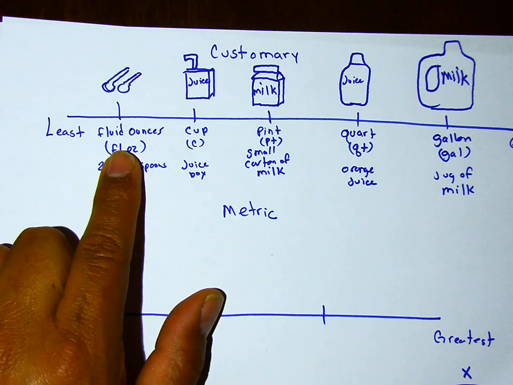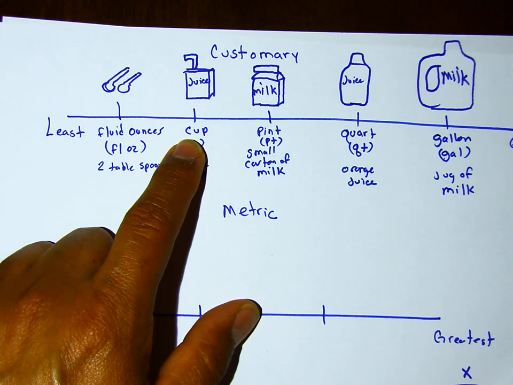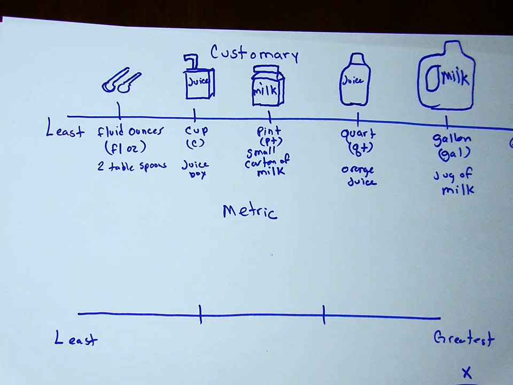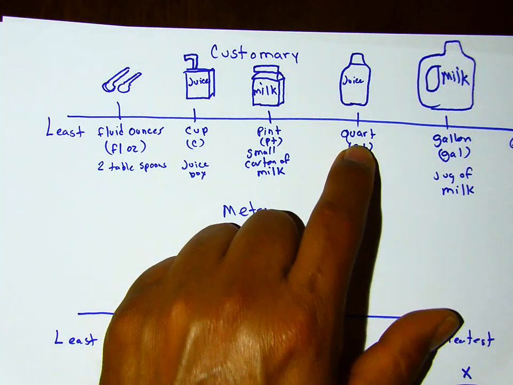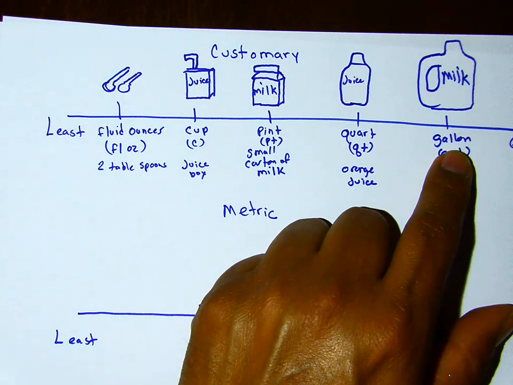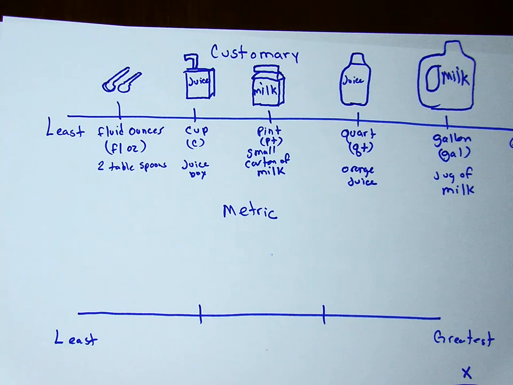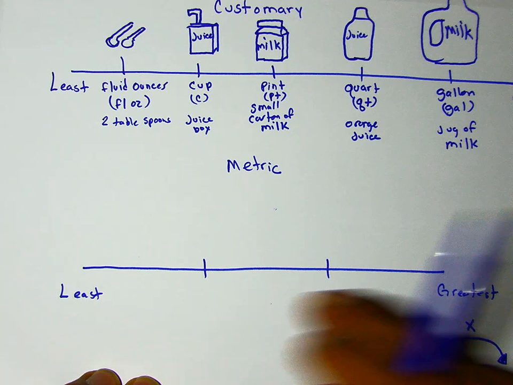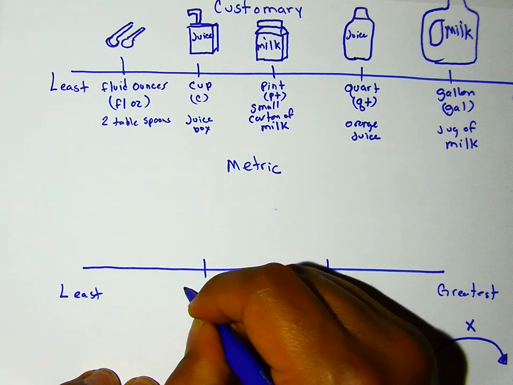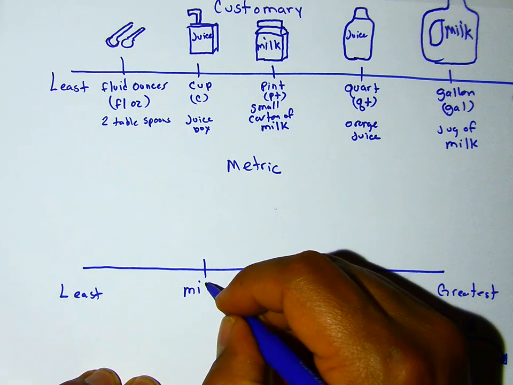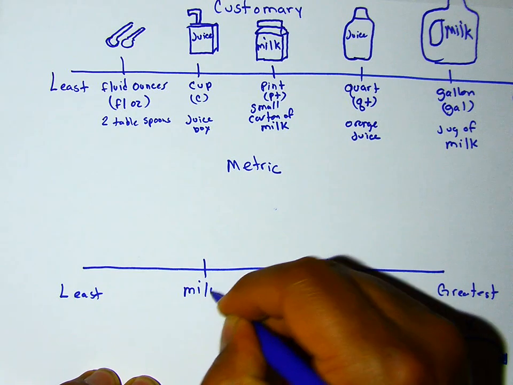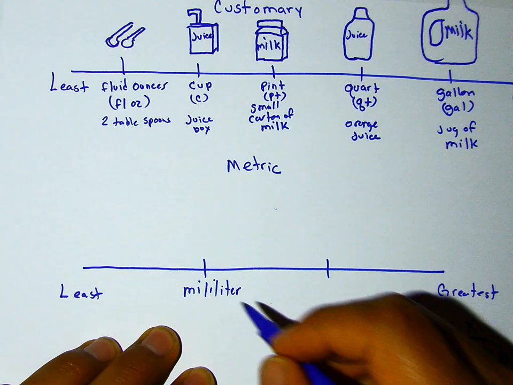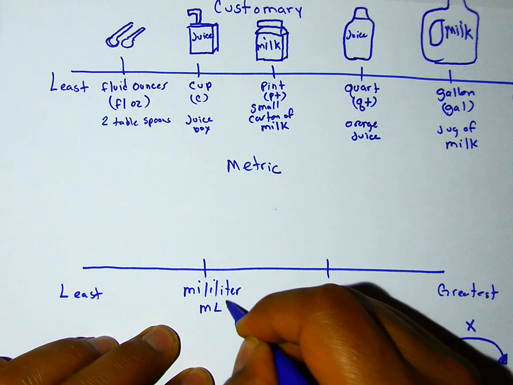So the smallest one would be the fluid ounces, and then the cup would be about a juice box. A pint would be those small containers of milk that we get at the cafeteria, and a quart would be like a bottle of juice, and then the gallon of milk or a gallon of water. Let's look at the metric. We have the smallest one, milliliter, and we abbreviate it ml.